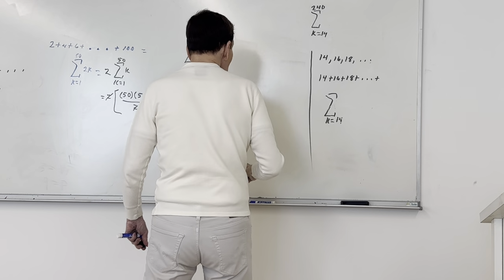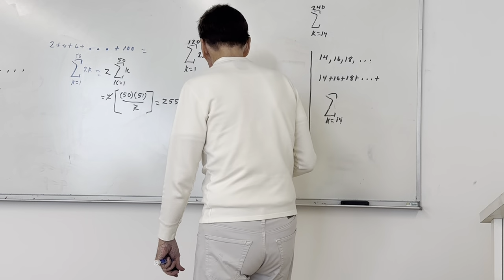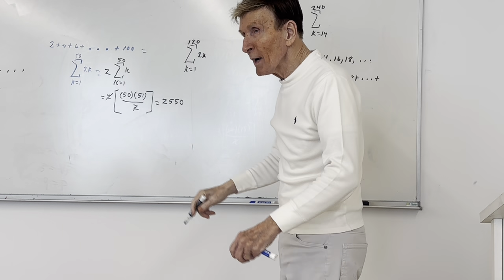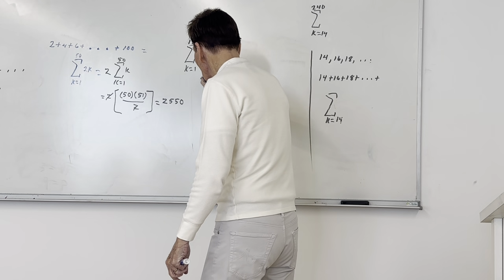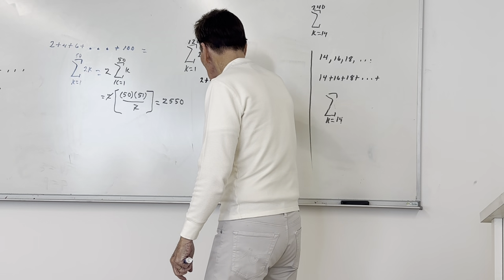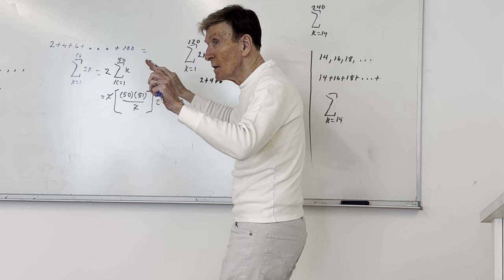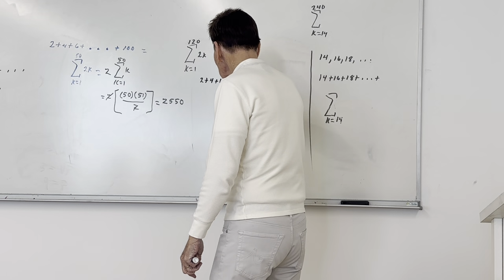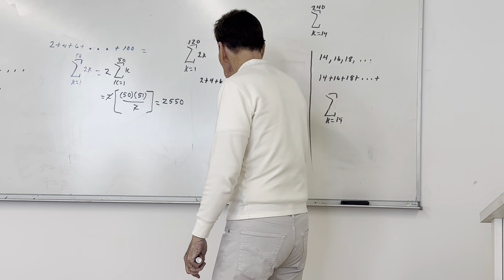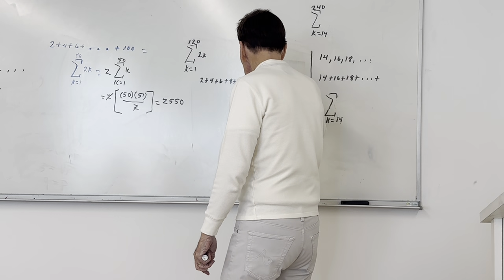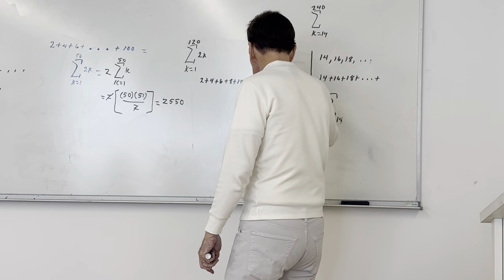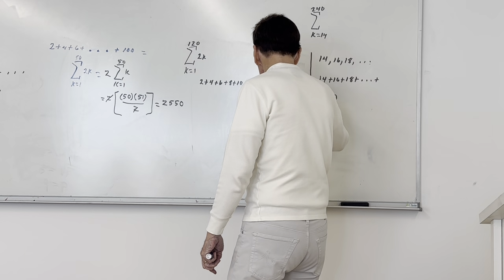Okay, if I do that, guys, let me write out what that looks like. If I replace K by 1, I get 2. K by 2, I get 4. K by 3, I get 6. So far, so good. K by 4, I get 8. Next will be 10, 12, 14, 16, 18, and so forth.